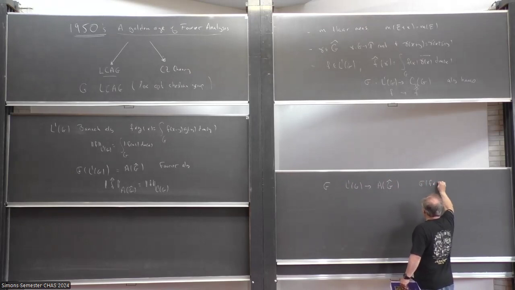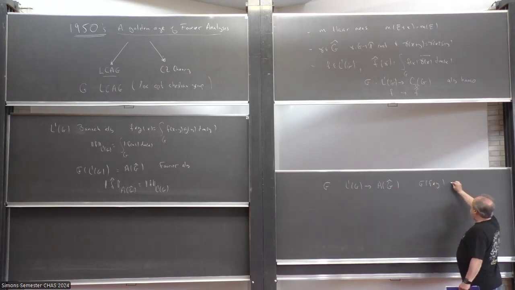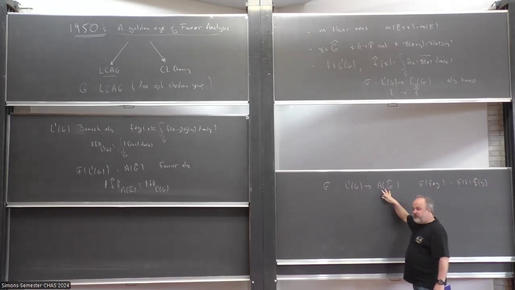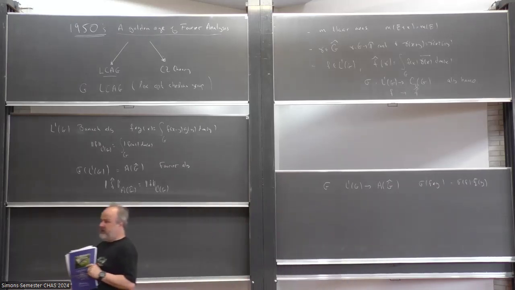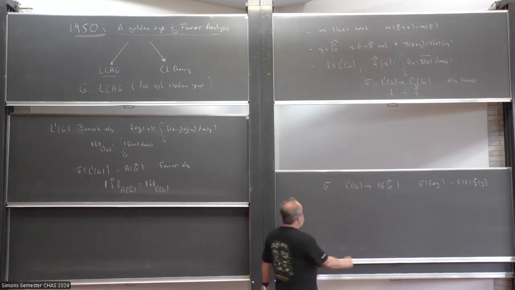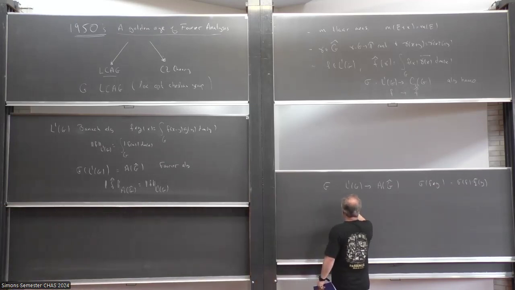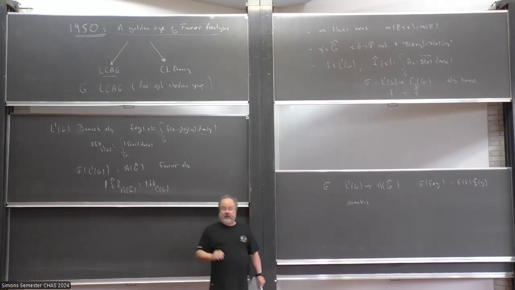It's easy to check that if I take a product of two elements here, I get a product of two elements there, because the multiplication is just pointwise multiplication of two continuous functions. This is how it's all set up. It's rigged up that way to be an isometric isomorphism.